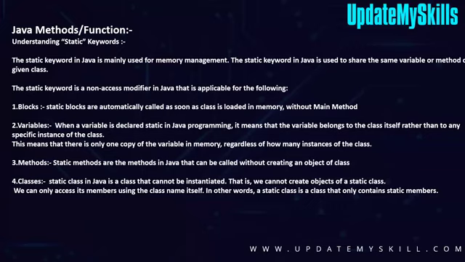You know the difference between a class variable and an instance variable? An instance variable means every object has its own copy of the variable. Suppose string employeeName for an Employee class. I create object1.employeeName equal to Sham, object2.employeeName equal to Sonia, object3.employeeName equal to Kalyan.